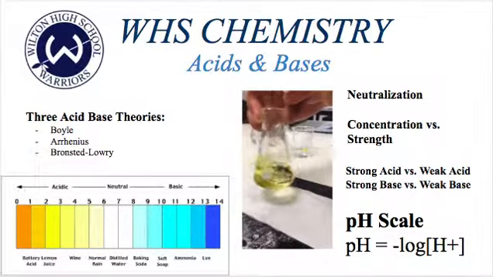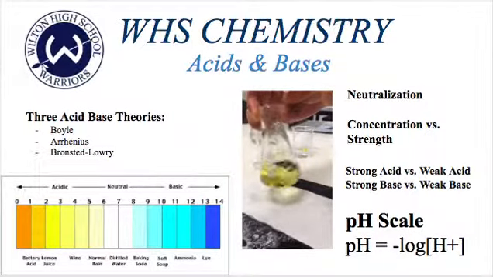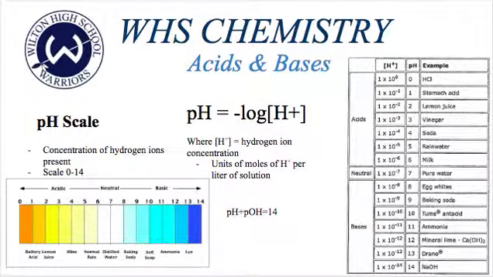We're going to be looking at acids and bases, but more specifically the pH scale. The pH scale goes off of the idea of the Bronsted-Lowry definitions of acids and bases, as both acids and bases are related to the concentration of hydrogen ions present.